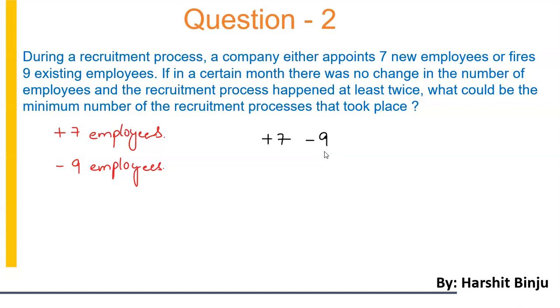But the question says that the number of employees did not change. So it doesn't matter how many times you do recruitment and how many times you do firing, the change in the number of employees will be 0.